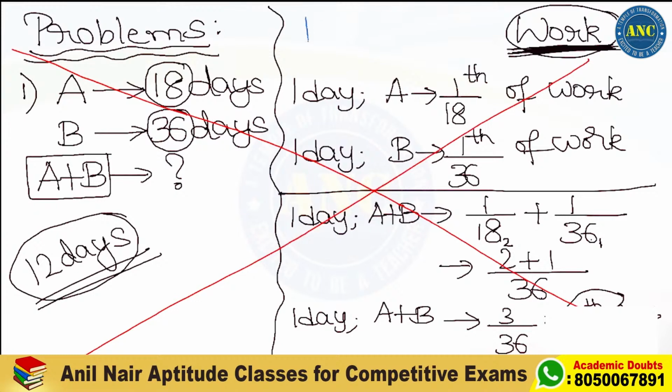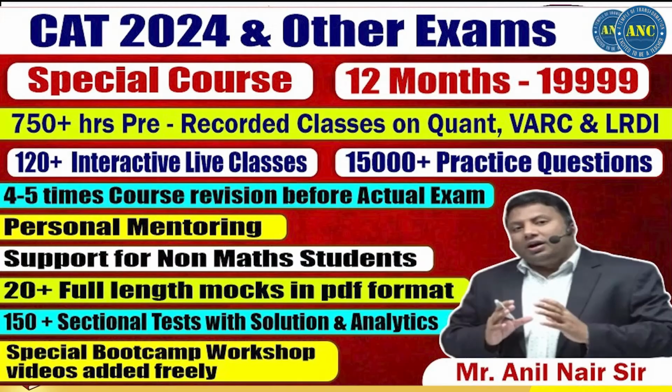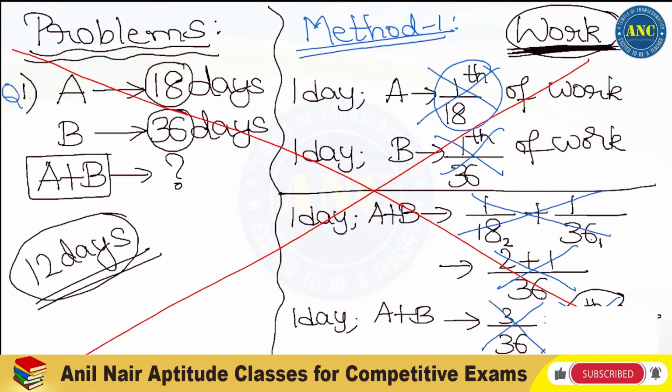If you observe this, let me call it method 1. In method 1, the first step is a fraction, the second step is a fraction, the third step is a fraction, the fourth, the fifth, and the sixth steps are also fractions. And please remember, I am still in my first question, which is a basic level question.